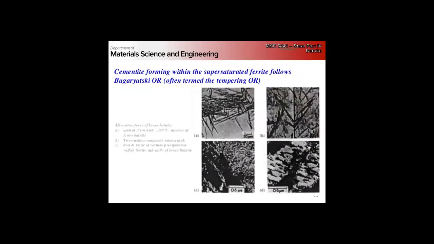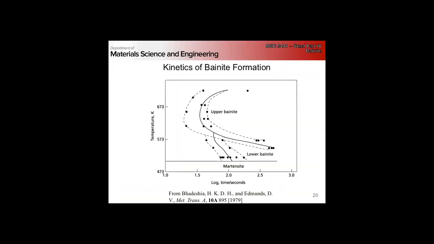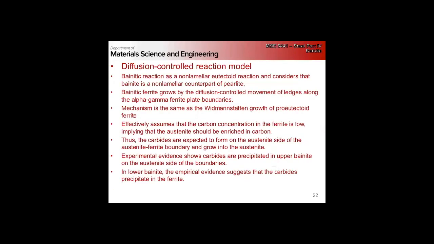And then lower Bainite, we get the carbides in the middle, right? The key thing to understand about all Bainite is there are diffusion-controlled theories and there are diffusionless theories, right?